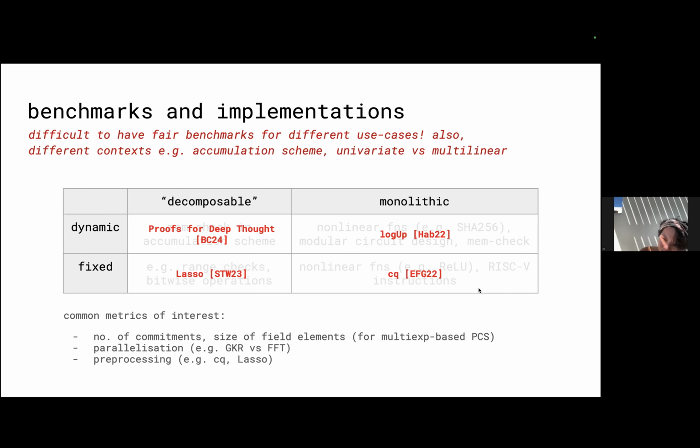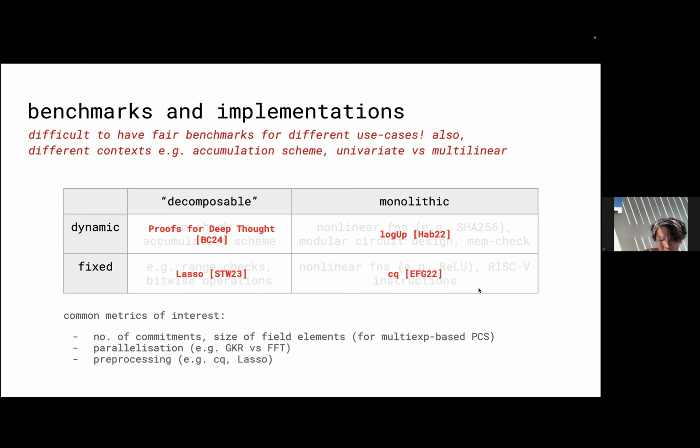Another consideration is also what assumptions you want to introduce. CQ uses pairings, for example, whereas you might be trying to avoid that and just stick to something like FRI, for example.